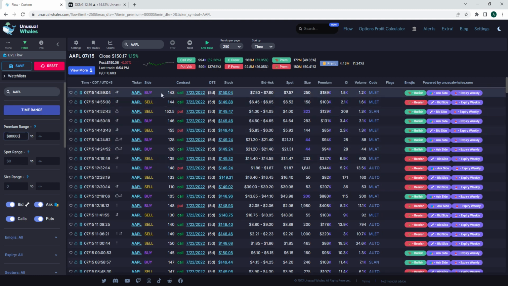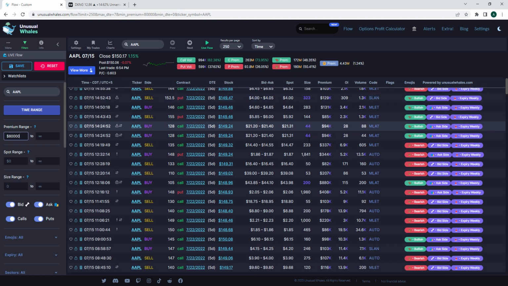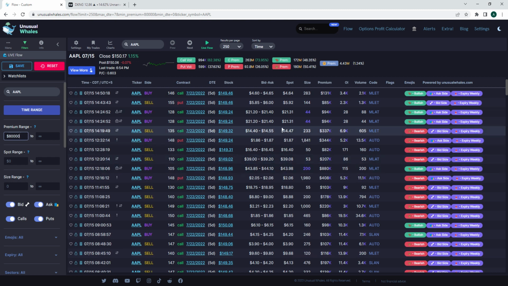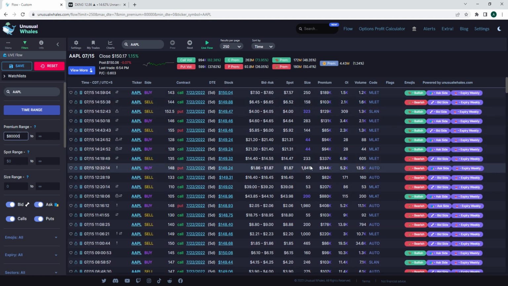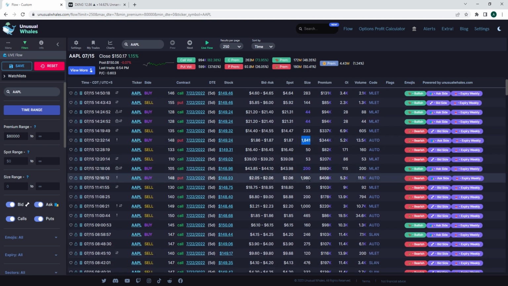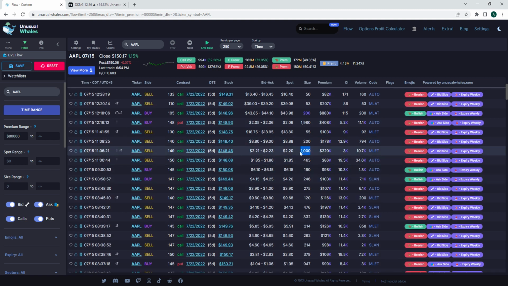Another thing I look for when filtering: I don't care about these small sizes of contracts, and a lot of these are deep in the money too. What I'm looking for are these whales. You can see the size here: almost 1,900 contracts here, almost 2,000 contracts here, another 1,000 there.